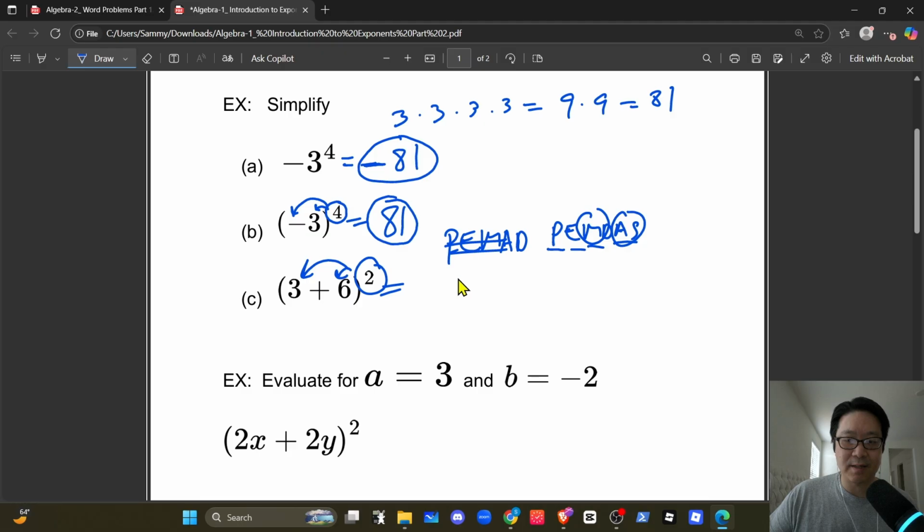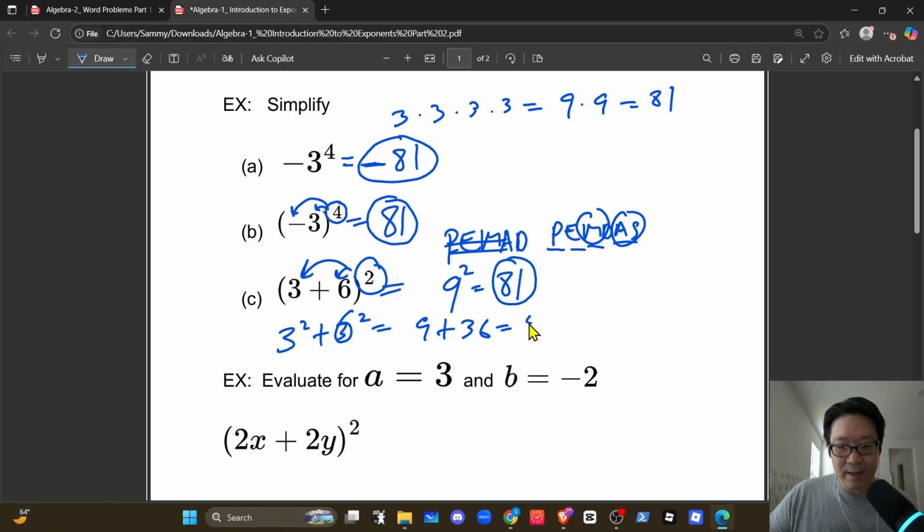So 3 plus 6 is 9, so it's going to be 9 squared, which is again 81. This is not the same thing as 3 squared plus 6 squared, which is 9 plus 36, which if you add together gives you 45. So that's not the same thing.